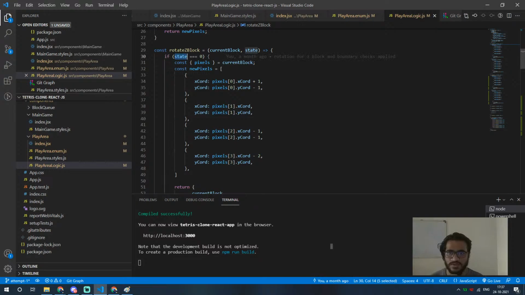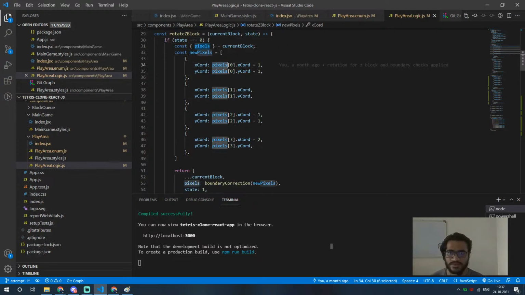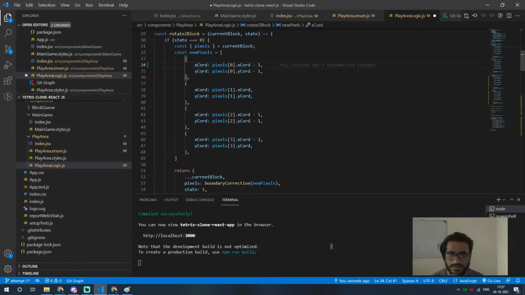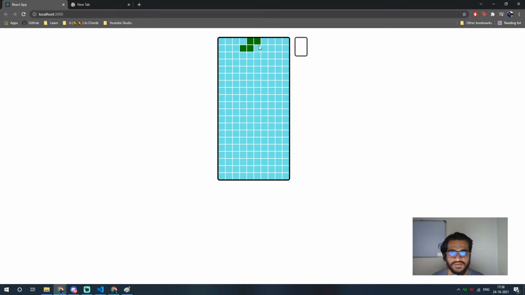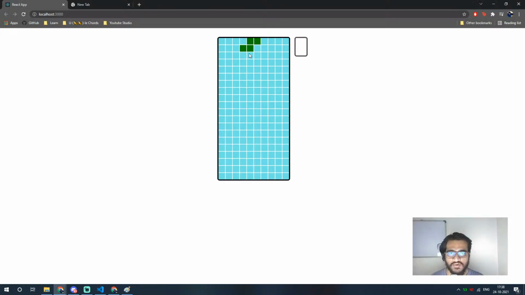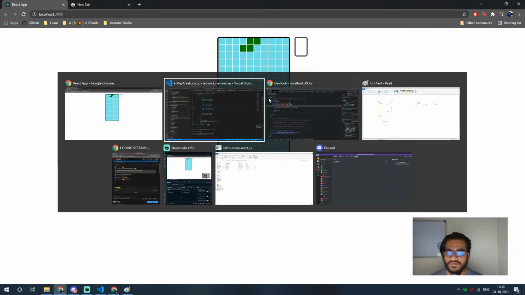Okay, so let's work on the state 0 logic. State 0 would have x go -1 and y go -1, right? Then the second pixel would stay as it is. It is like the anchor to the whole rotation. And then for the third pixel, x would go +1 and y would go -1.